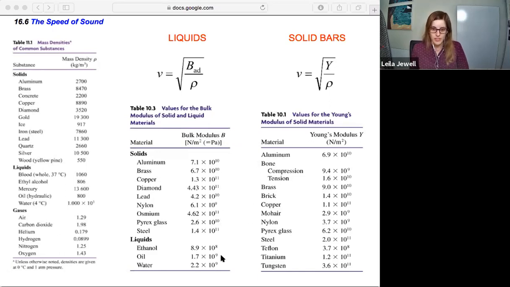And as you look at these values, you can see that both moduli are very large values. That's part of why the speed of sound is so much greater in a liquid and a solid. The density is also pretty great, right? But not nearly as great as these 10 to the 10 values for the bulk modulus.